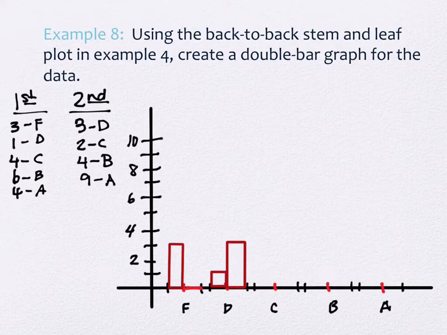On the C's, I have a 4 and a 2. So I need a bar of height 4 next to a bar of height 2. Something like that. The B's are 6 and 4.